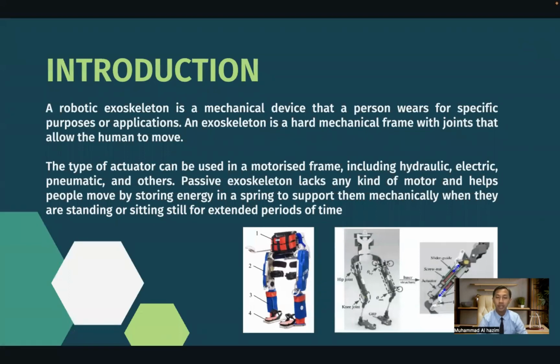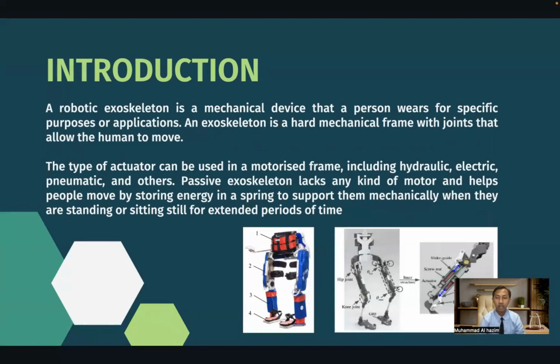So I will explain about the exoskeleton. An exoskeleton is a mechanical device that a person wears for a specific purpose or application. It is a hard mechanical frame with joints that allows humans to move or do some work. Basically, there are two types of exoskeleton: the motorized exoskeleton and the passive exoskeleton.